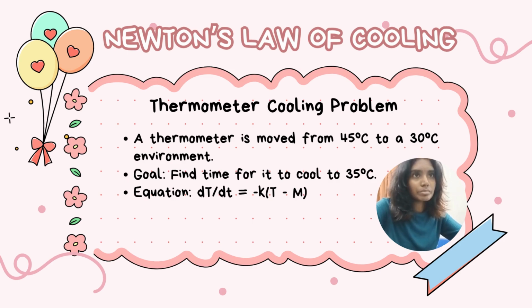And then, in magnitude, ln|T minus 30| equals negative kt plus C. This gives us the general solution, T minus 30 equals C times e to the power of negative kt.